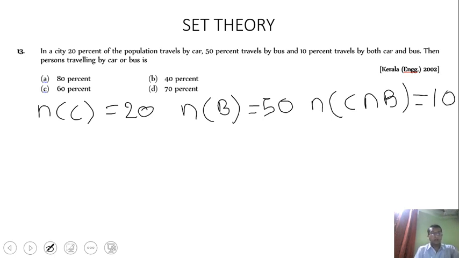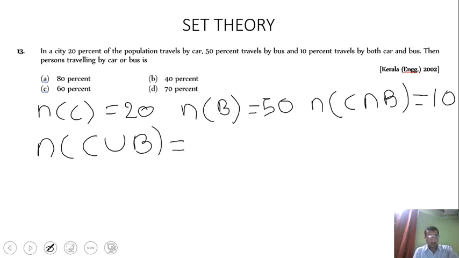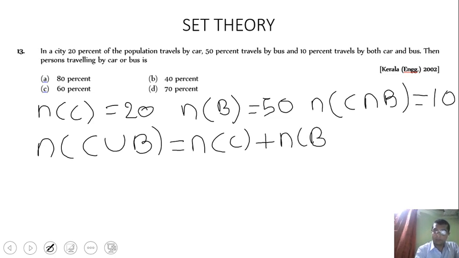Now we need to find the number of persons who travel by car or bus, where "or" means union. We take the formula connecting n(C), n(B) and their intersection: n(C) plus n(B) minus n(C intersection B).